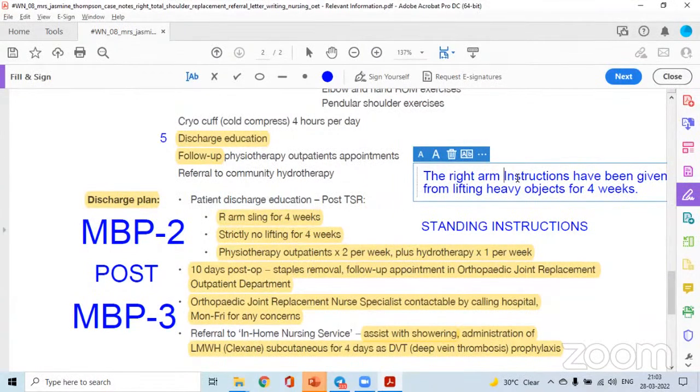So the arm sling should be used for the right arm for 4 weeks, during which heavy objects should be avoided.